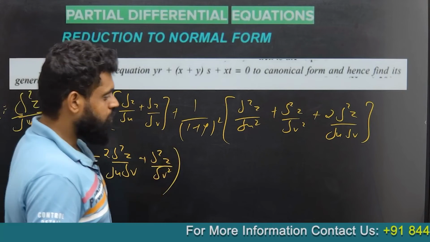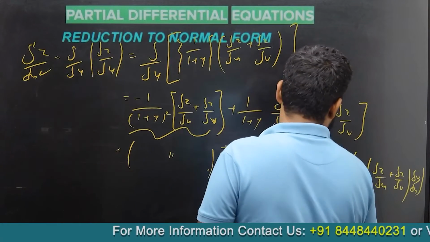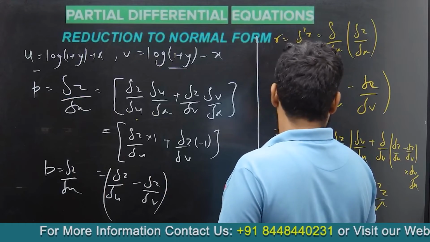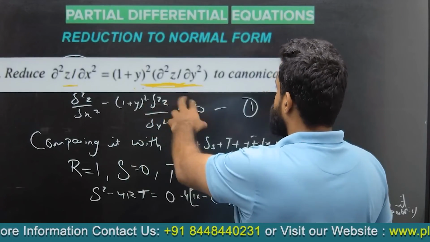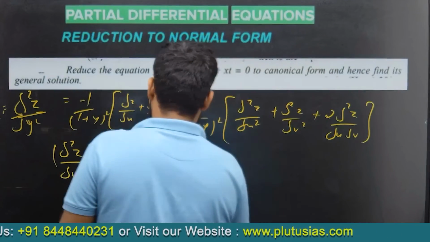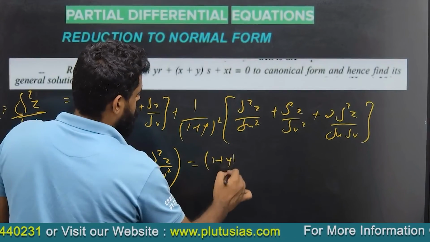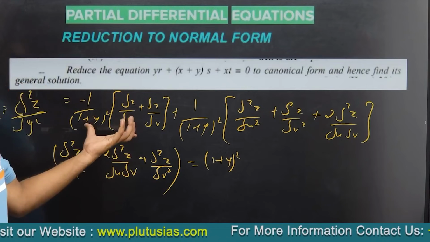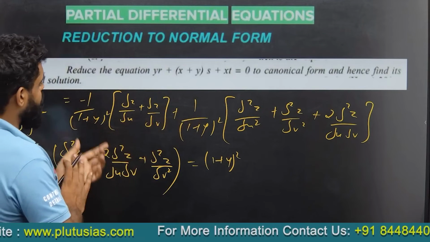This is equal to (1 + y) whole square into this whole term, so automatically this cancels.